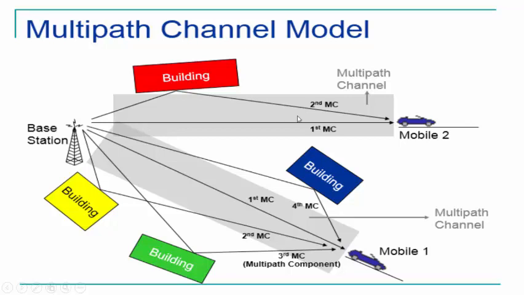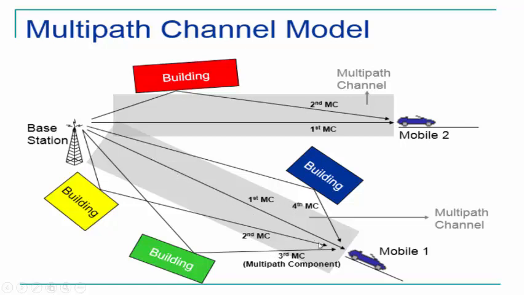So mobile 2 is receiving the multipath components. The first multipath component is exactly line of sight, and the second multipath component is due to the reflection or obstruction.